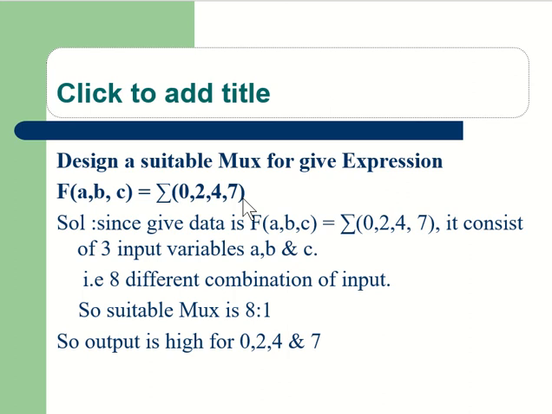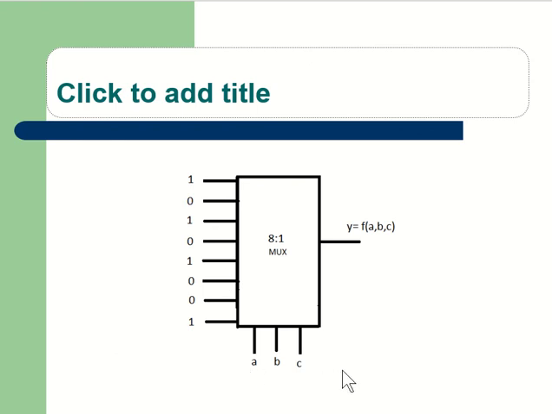Since there are 3 select lines and 8 input combinations, the suitable mux will be an 8 is to 1 multiplexer. So we'll use an 8 is to 1 multiplexer to design this circuit. As I said, a, b, c will be the select lines.